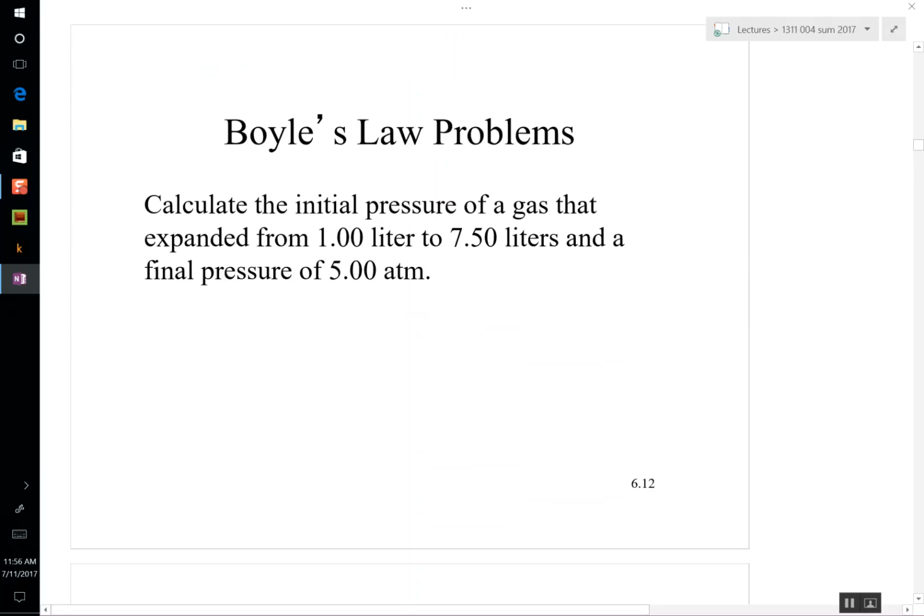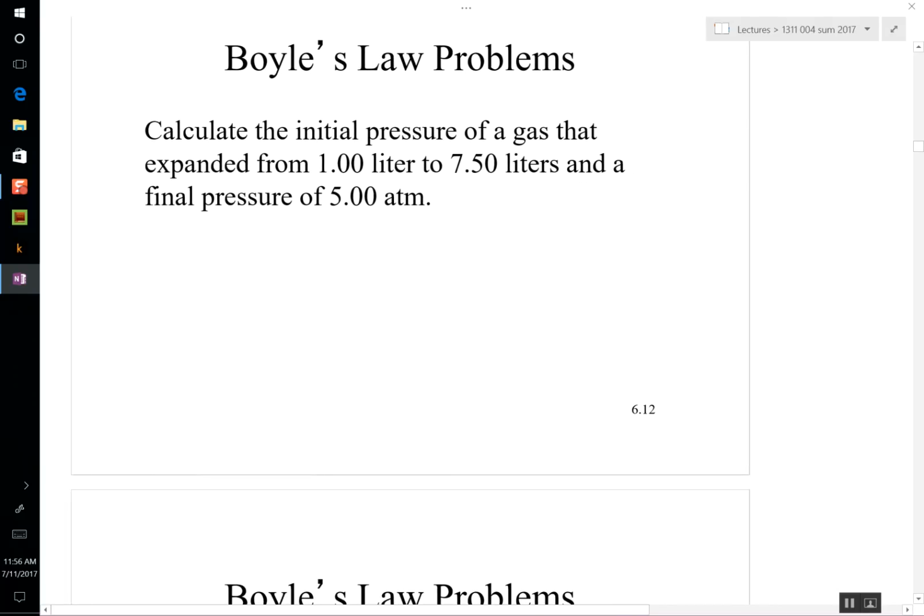But I want to use this one to model how, and this is not a difficult problem to solve, so bear with me as I kind of laboriously go through this, but I want to use it as a model of how you should approach these problems every step of the way, okay? Some of you already probably have done a lot of word problems, but if you haven't, let me suggest here's the way to approach them.